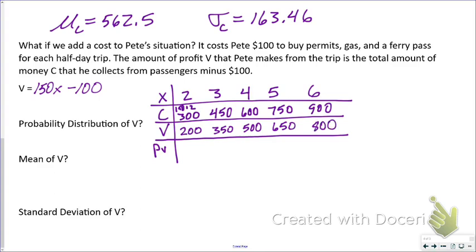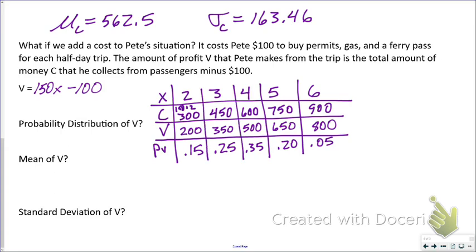So the mean for this thing, let me finish this out, sorry. All right, the mean for this thing is very, very similar to what we did a second ago. Once again, if you wanted to do this by hand, you could go 200 times 0.15 plus 350 times 0.25 and so on. Keep adding, and you'll get the correct answer.